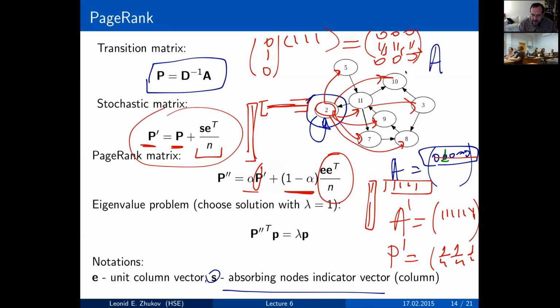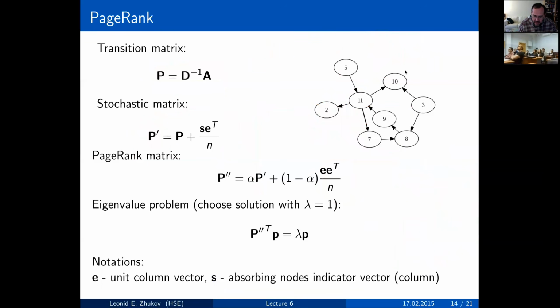So as a result, what's going to be happening is the following. By doing this, we added to every node a transition to every other node. And for those nodes that were sink nodes, like node number 2, there is no other way to transition out than just by jumping.